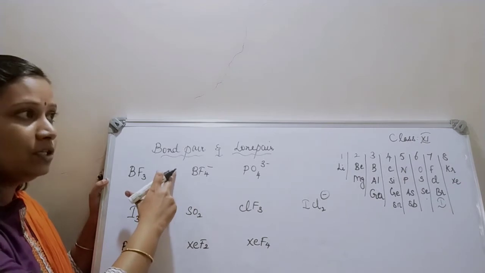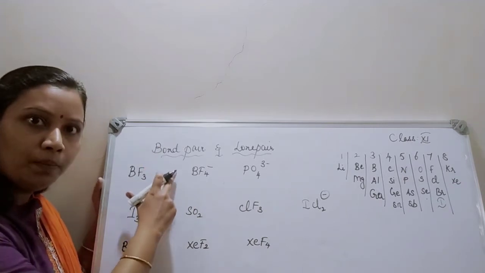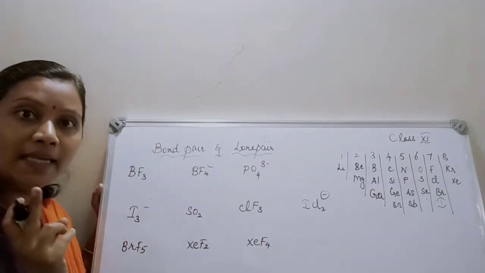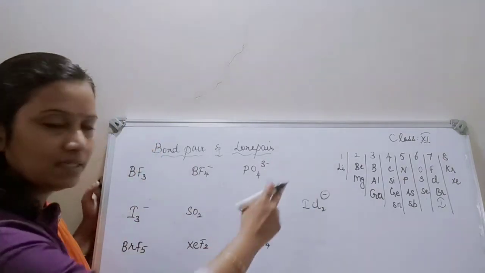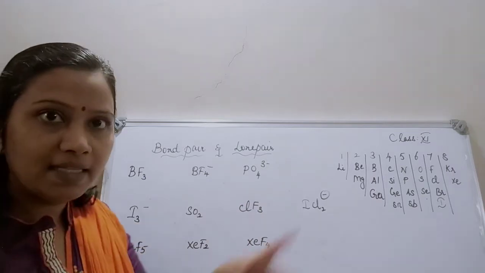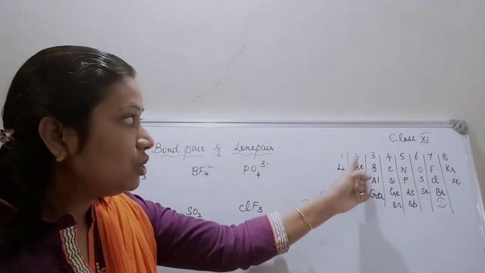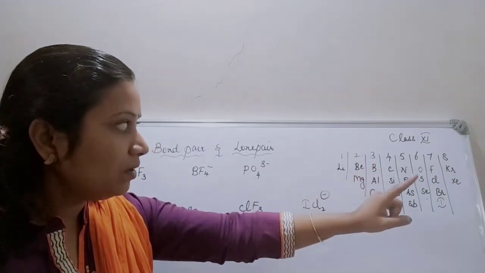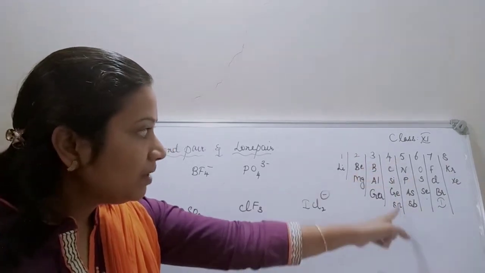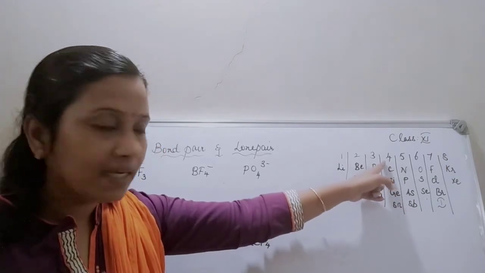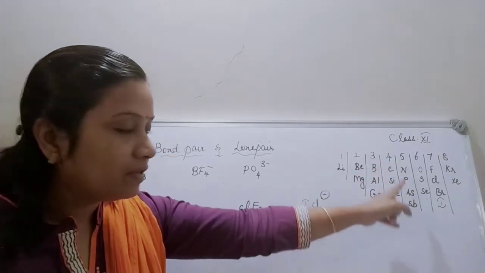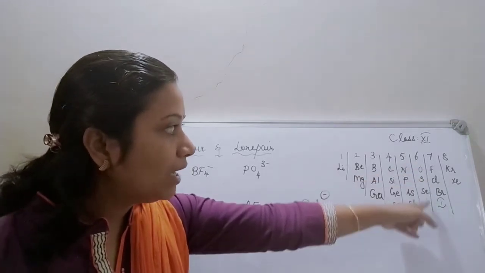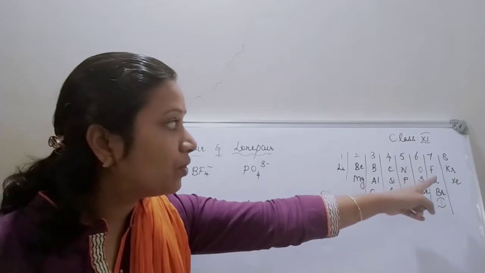Before solving to determine the lone pair and bond pair, you should be aware of the number of valence electrons present. Lithium has 1 valence electron, while beryllium and magnesium have 2 valence electrons, and the boron family has 3 valence electrons. Then the carbon family has 4 valence electrons, the nitrogen family 5, oxygen 6, and halogens have 7 valence electrons.